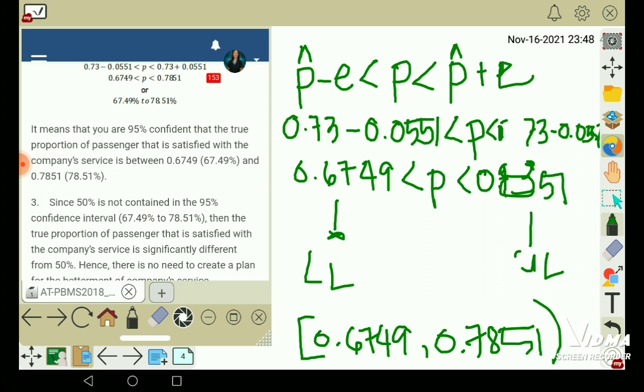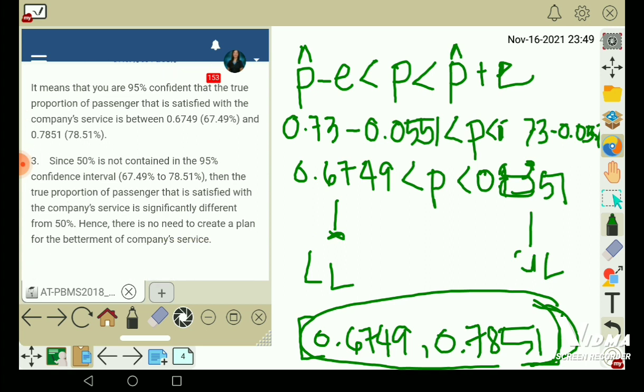Okay, so the third one: since 50% is not contained in the 95% confidence interval, why can we say that? Because we are basing that on our interval here that we computed for number 2. As you can see, our interval of satisfied passengers ranges from 67.49% to 78.51%, and 50% is actually not included in that. We could say that the true proportion of passengers that are satisfied with the company's service is significantly different from 50%.